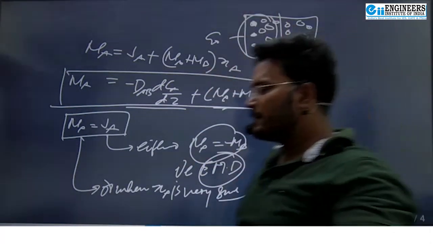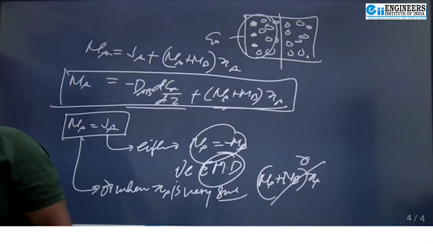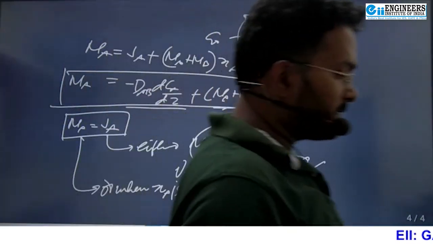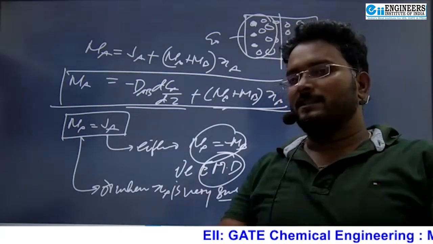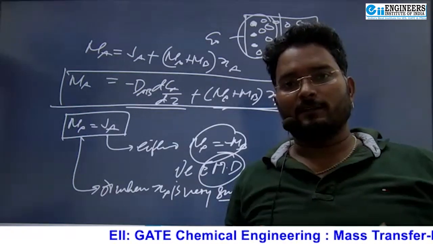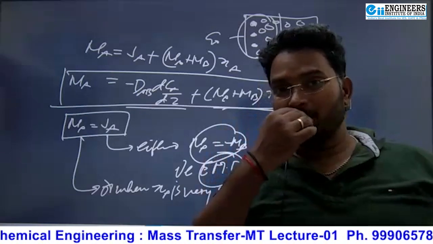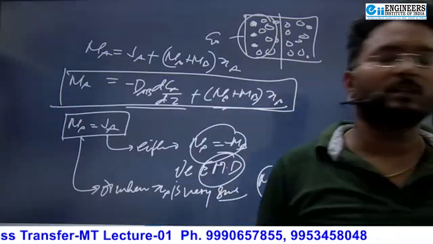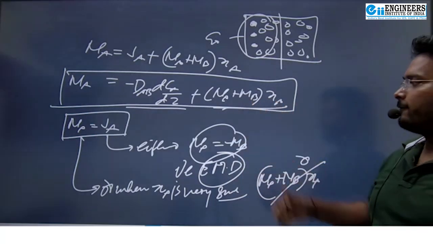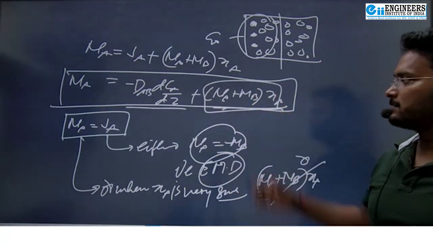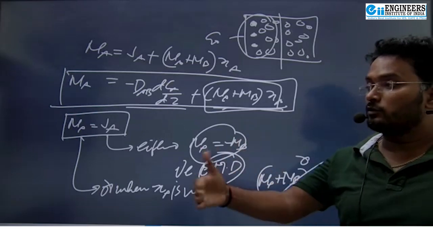When a liquid solution is very dilute in that species, then in the flux of that species, in the total rate of mass transfer of that species, the contribution of the bulk flow is neglected. Am I right? Now the bulk flow contribution term is going to vary from one location to another. Yes or no?